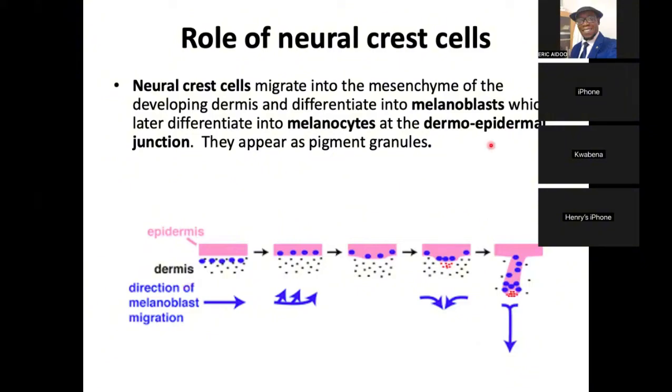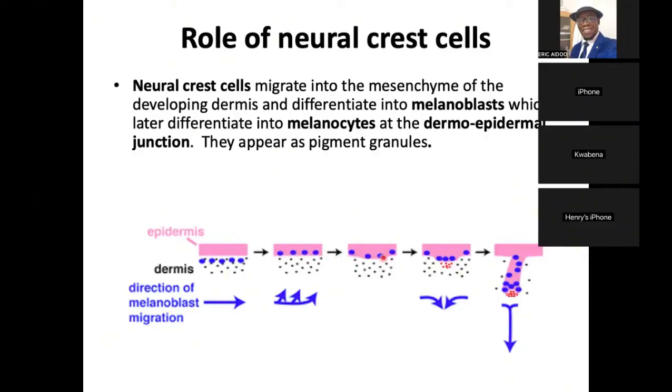The difference with the blasts and the cytes: the blast is an undifferentiated cell, so it can still continue to grow or divide. Then when it becomes differentiated and mature, it becomes the cyte. So you can see that these blue dotted areas are migrating and moving.